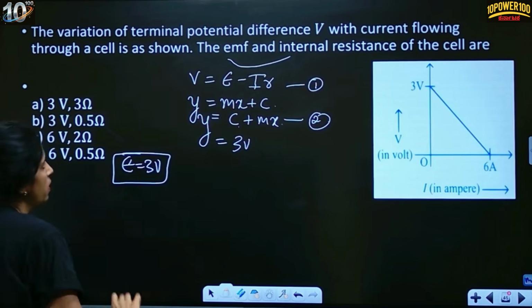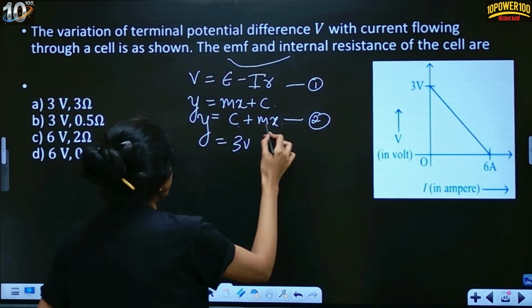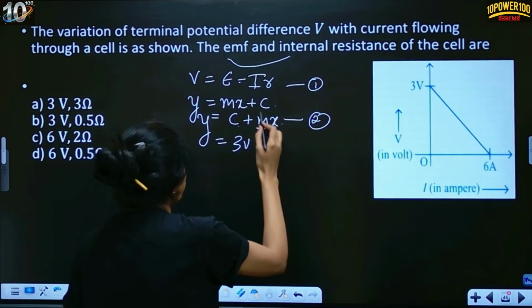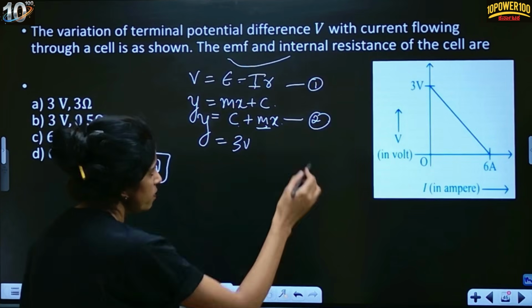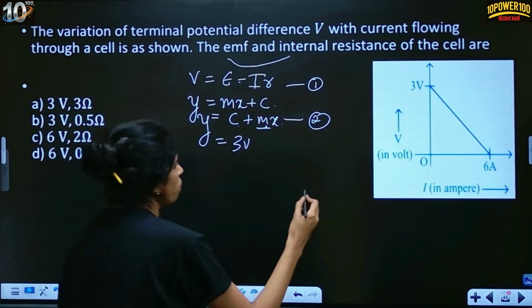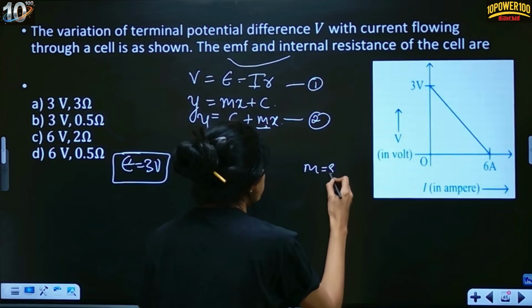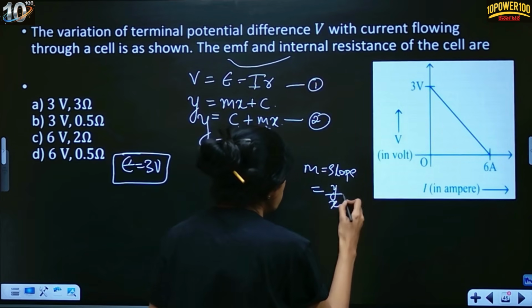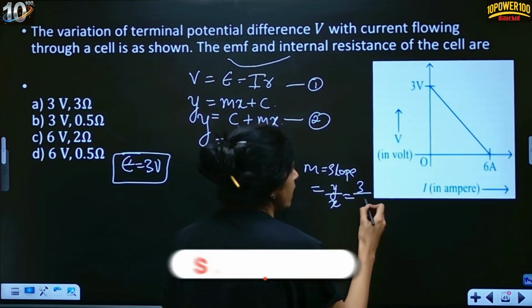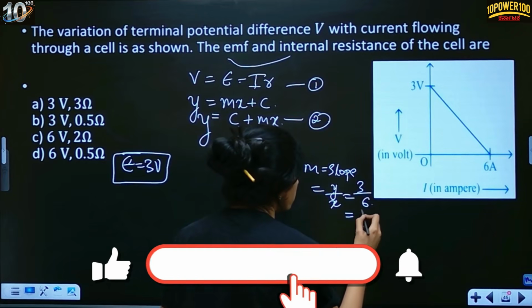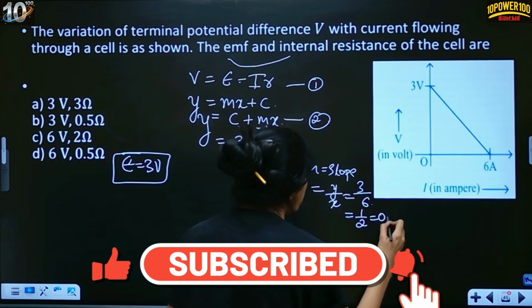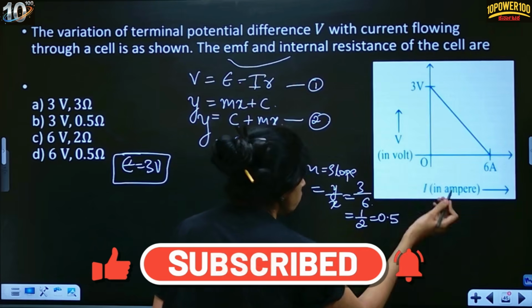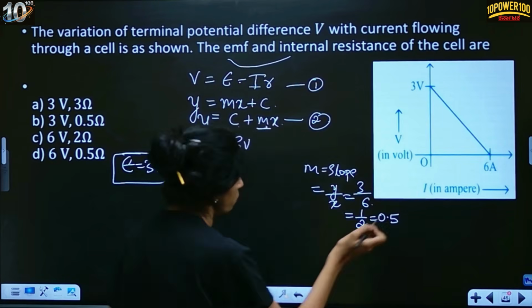Next, when you compare, M is the negative slope, minus of r. So you find out the slope. What's the slope here? M equals slope of this graph equals y-axis by x-axis. So y-axis is 3, x-axis is 6. So 3 by 6 is how much? 1 by 2, which is nothing but 0.5. So 0.5 ohm itself we will get because it's V by I.